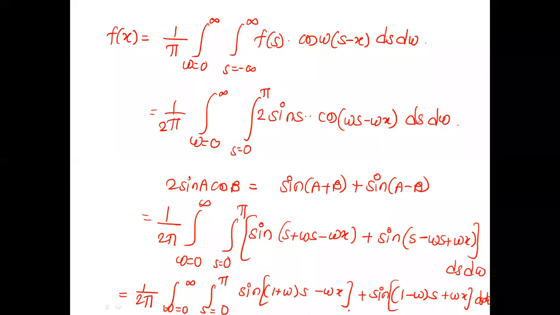Minus cos of this angle, whatever is the angle, upon the derivative of this with respect to s. What is the derivative? Derivative of this is 1 plus omega. Correct. So I'm now taking the integration. The outer integration is as it is, 1 upon 2 pi, omega 0 to infinity. And you told me the integration is minus cos. So what is inside? 1 plus omega s, minus omega x.